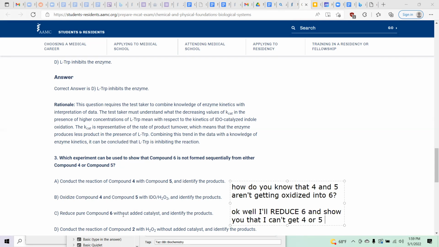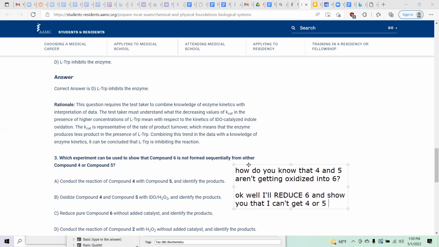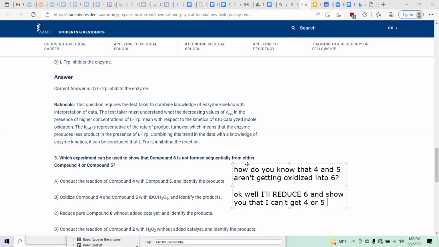However, this says without added catalyst, right? Yeah, that's what I was thinking about. Right. In an experiment, we only want to be changing one thing at a time to give our best proof, right? We did everything exactly the same, and this is the only result, so it has to be from what we did.